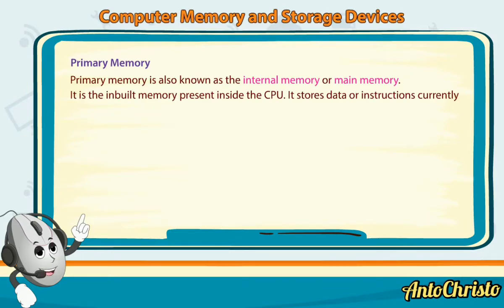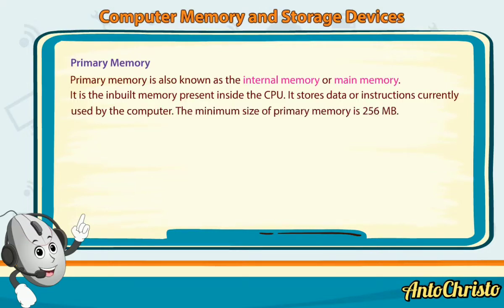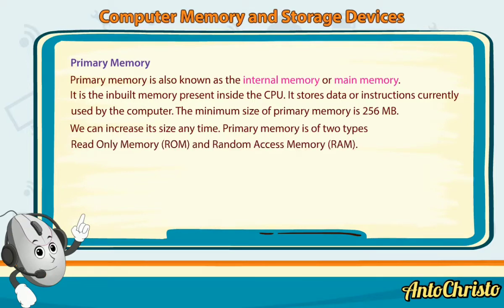It stores data or instructions currently used by the computer. The minimum size of primary memory is 256 MB. We can increase its size anytime. Primary memory is of two types: read-only memory (ROM) and random access memory (RAM).